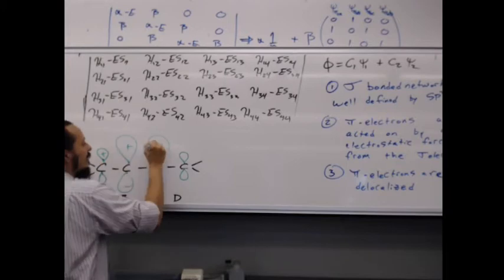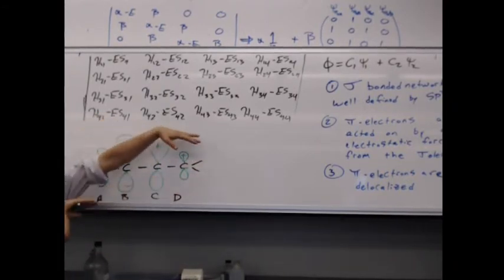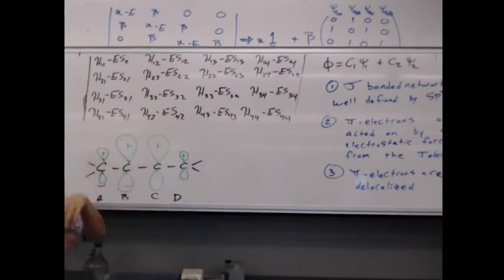But they're all pointing in the same direction. That's my lowest energy, my most stable state. This gives me one of my possible conjugations of the electrons just moving all across the top and the bottom across this molecule.